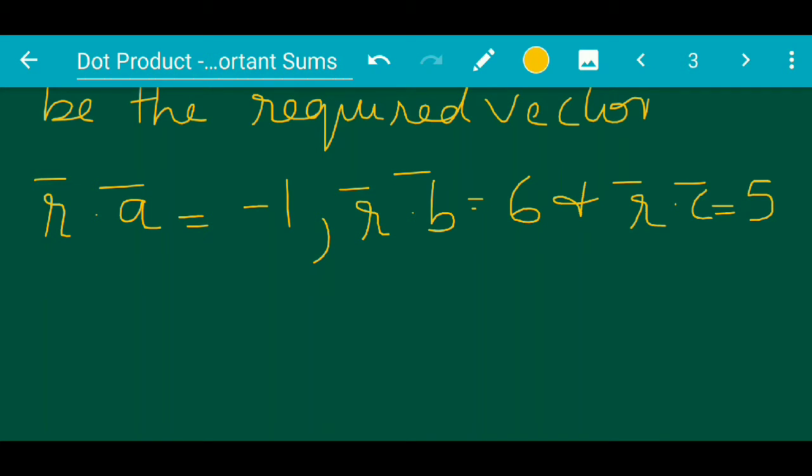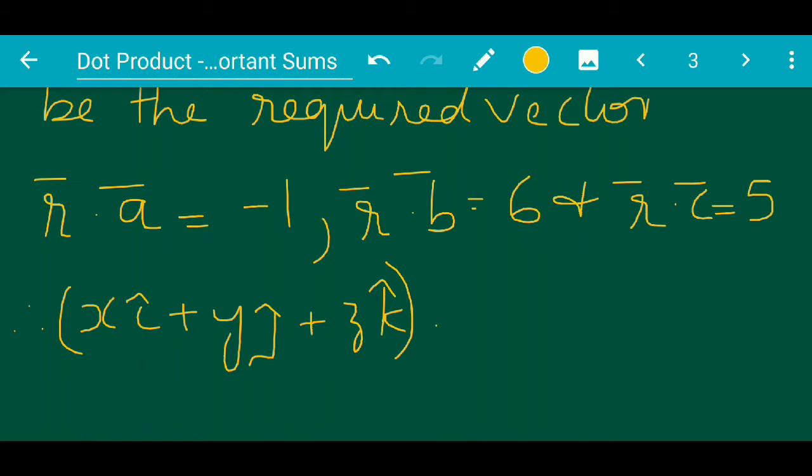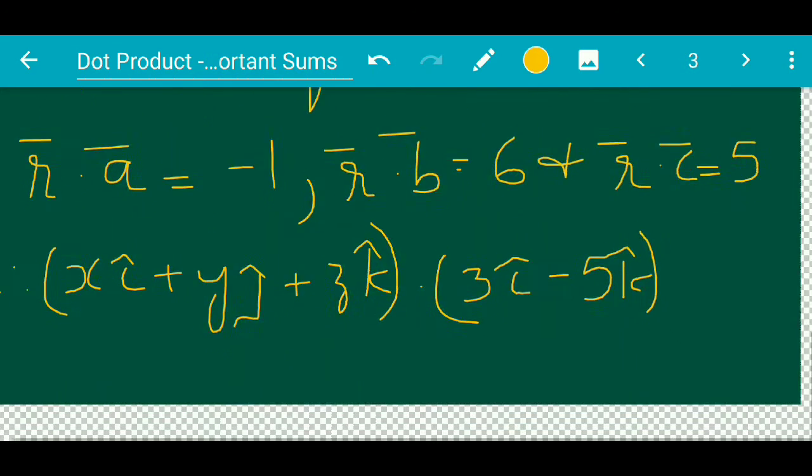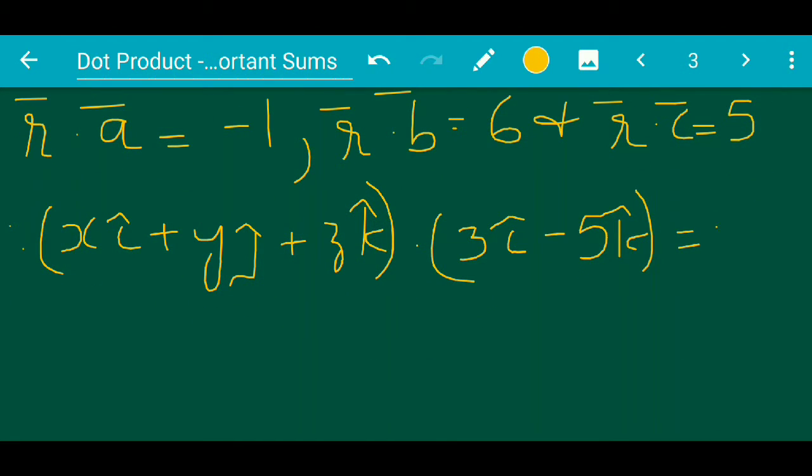Okay. So therefore substituting the values over here, we can substitute R as xi plus yj plus zk in each case. Dot the value of A, which is 3i minus 5k, and the answer is given as -1, they have given the dot product as -1.